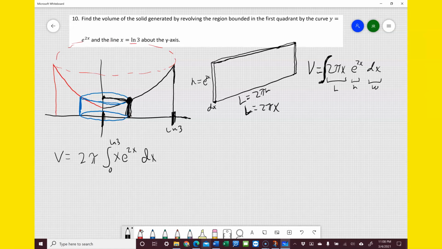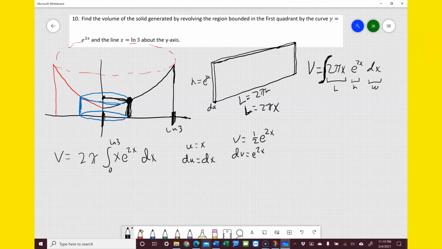Alright, if I do integration by parts here, where u equals x, and dv equals e to the 2x, so that du equals dx, and v is going to be e to the 2x over 2.